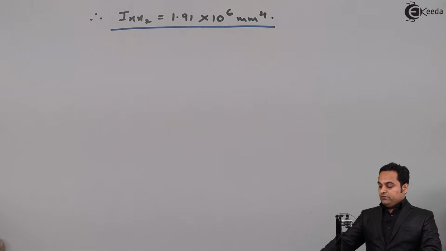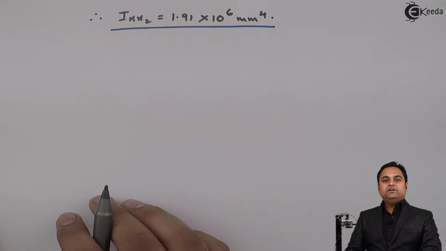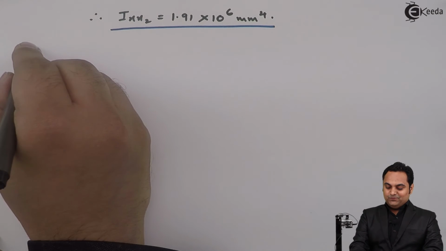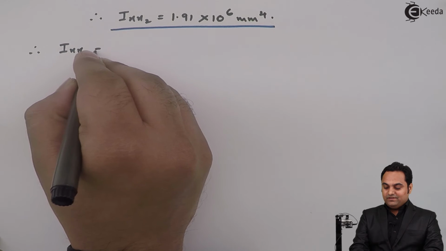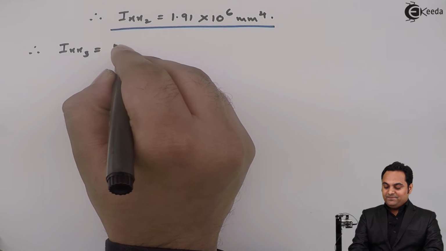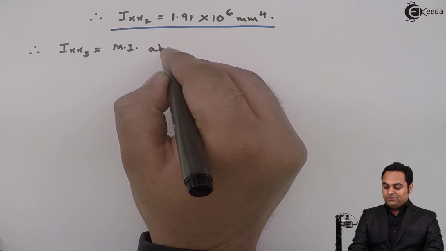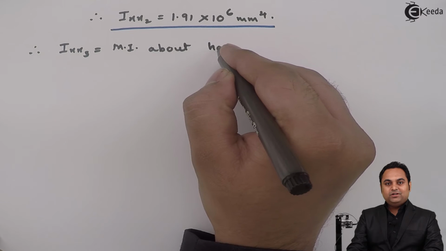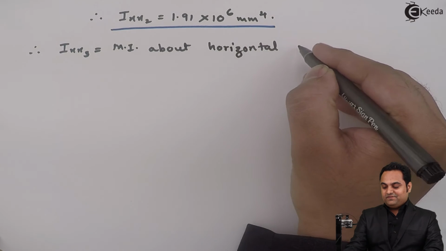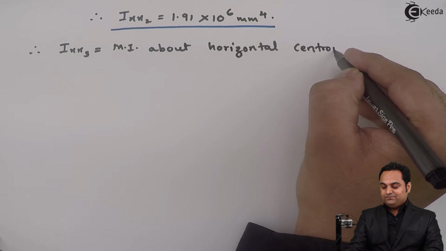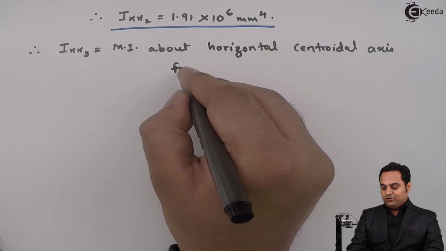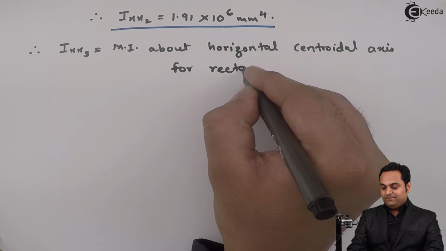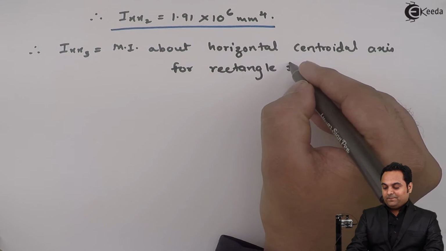Now the next thing is we want to calculate Ix3. So Ix3 is the MI about the horizontal centroidal axis for rectangle 3.